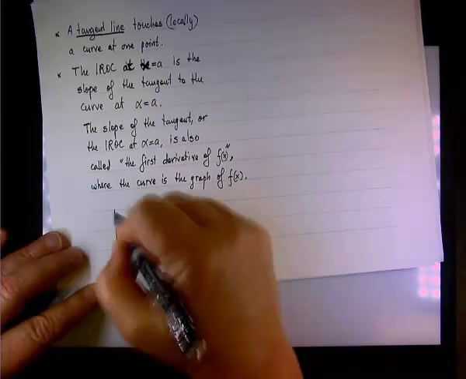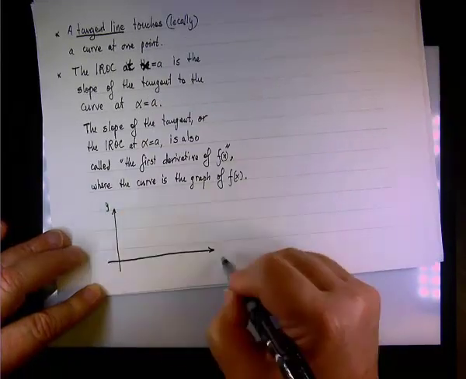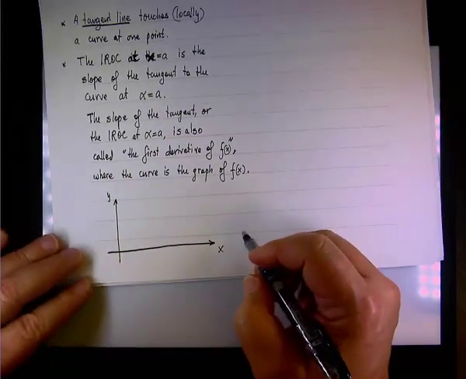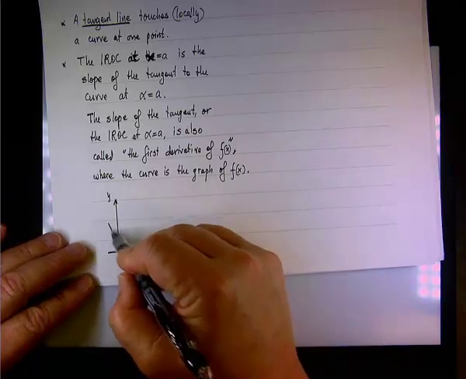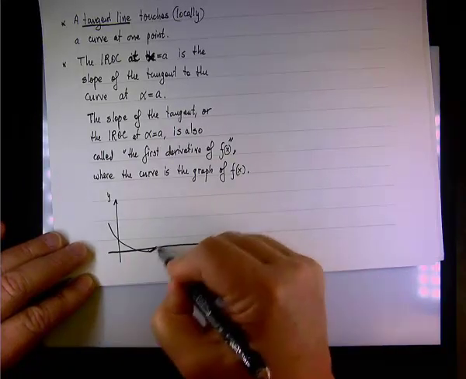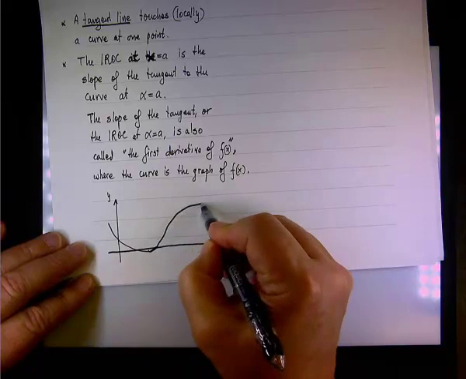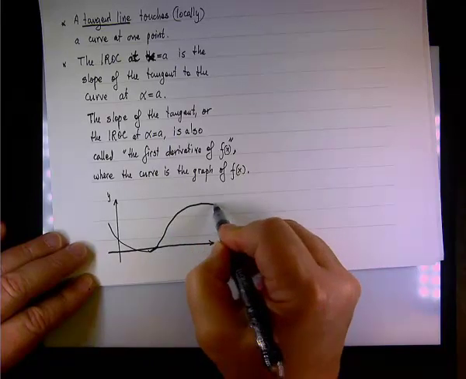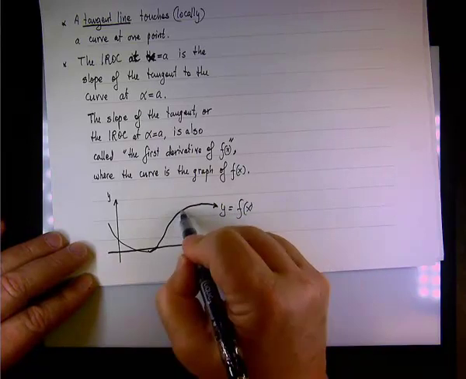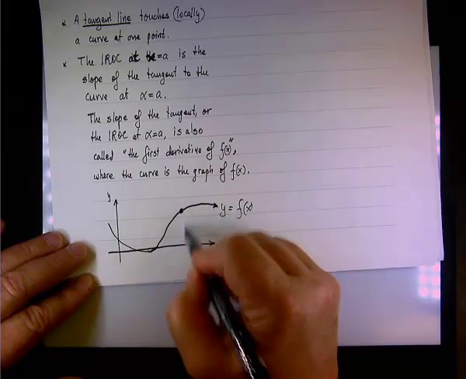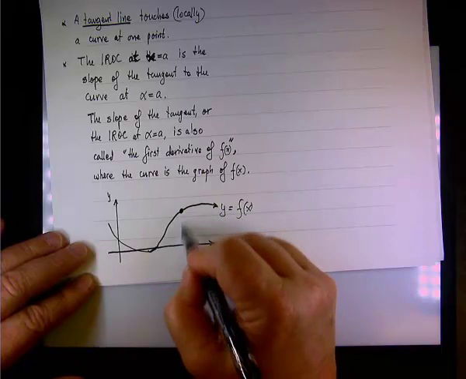Again, some curve on the xy coordinate system, but this curve looks like that. Okay, so this is y equal f of x, and the point in question is right here. This is x equal a.